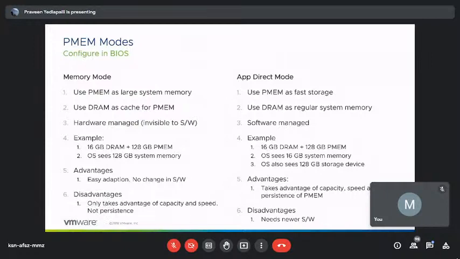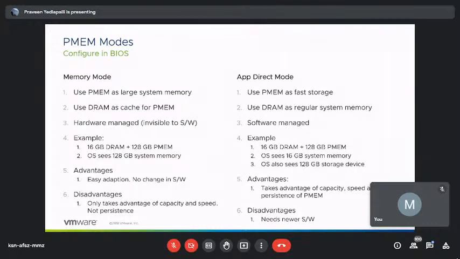The advantage of this app direct mode is that now we are taking advantage of the capacity, speed, and persistence of PMM. Anything that you write into this 128 GB storage device is persistent. That means if you power off and power on the system, next day you still have all the data on the PMM. The disadvantage is that only newer operating systems understand this and have this PMM driver.